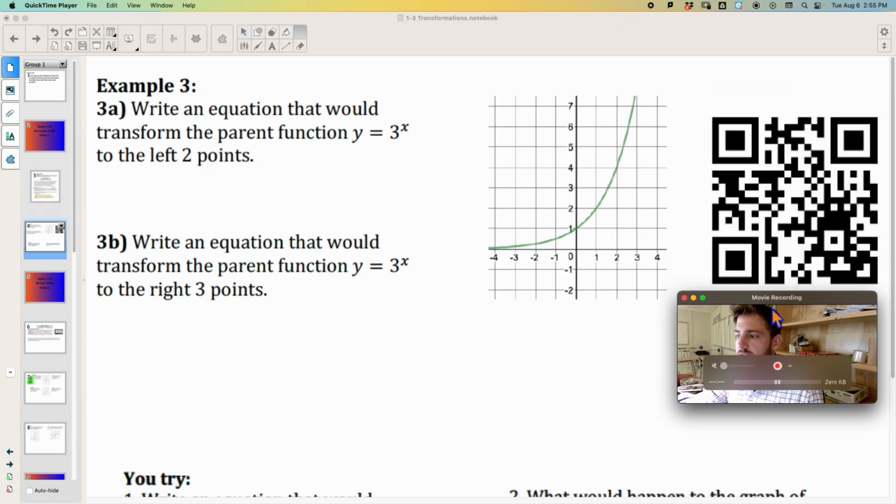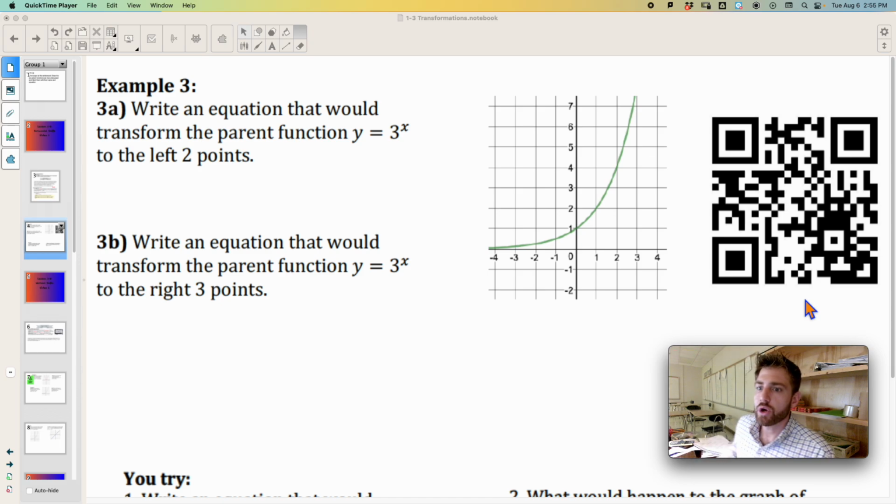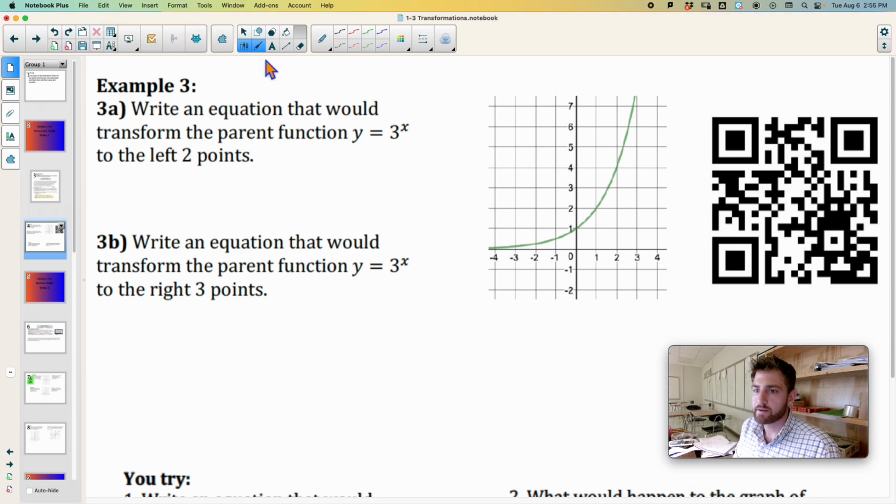Okay, so let's look at this example. It says, write an equation that would transform the parent function y equals 3 to the x to the left 2 points. I'm going to write out my parent function again, and I like to write it with parentheses up in the exponent position, because that's where our shifting is going to happen when we're dealing with exponential equations. If we're shifting to the left 2 points, remember, you need to think opposite of what that sign would be.